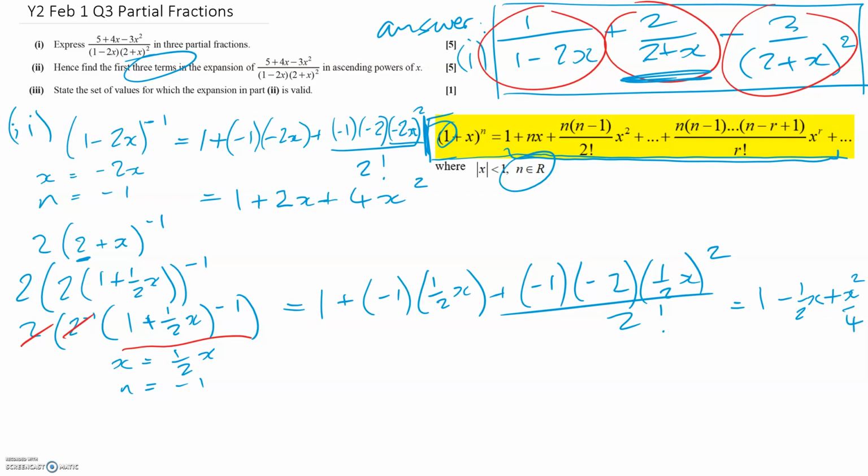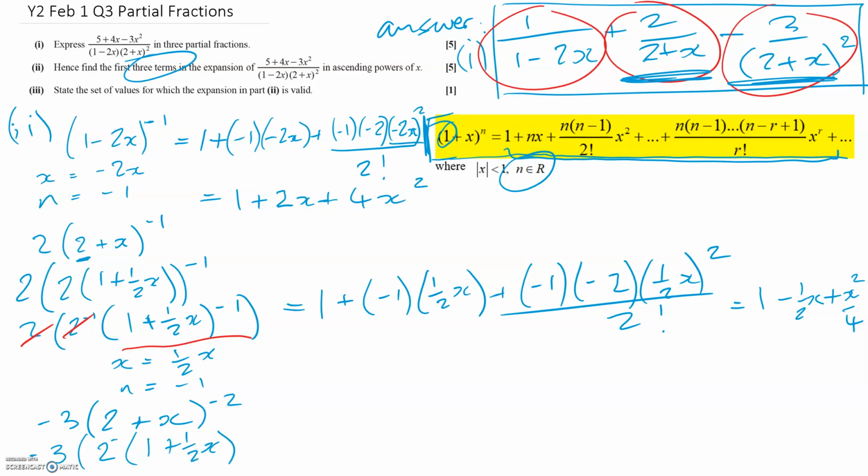And then the last thing we need to add up is this over here, number 3. So if we do that one, we've got minus 3, we've got 2 plus x to the minus 2. Now we need to do something similar to what we did before. So we've got minus 3, take the 2 out, and that will give us 1 plus a half x.